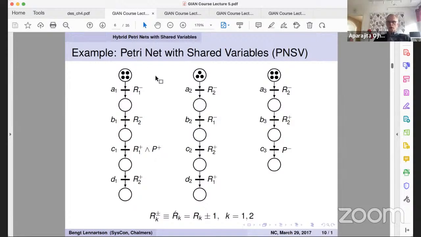As I used to express it, you use the Petri net for what it is good for, namely to describe the flow of tokens in the system, the sequential flow of tokens, while the logics, the restrictions of the transitions, is better described by logical variables instead.